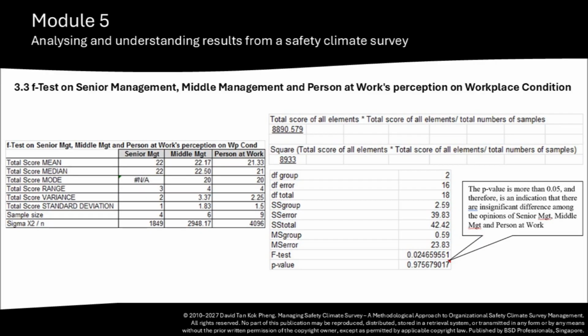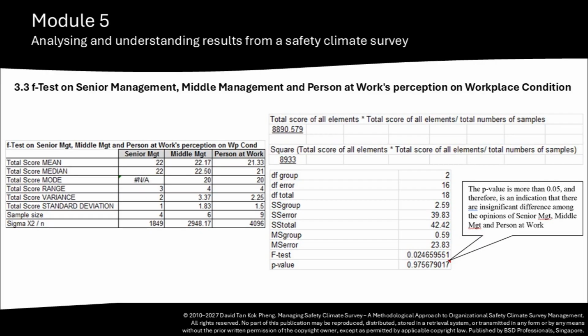The purpose of the F-test is to compare the mean responses of the three groups and assess whether any observed differences are statistically significant. Based on the results obtained, the calculated F-value did not exceed the critical F-value, and the significance level was greater than 0.05.